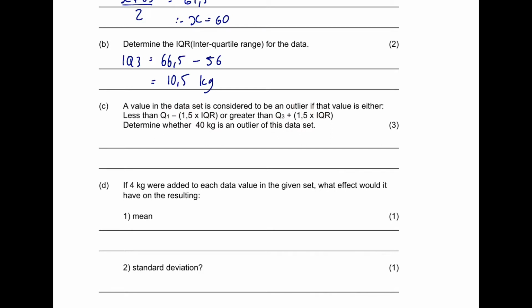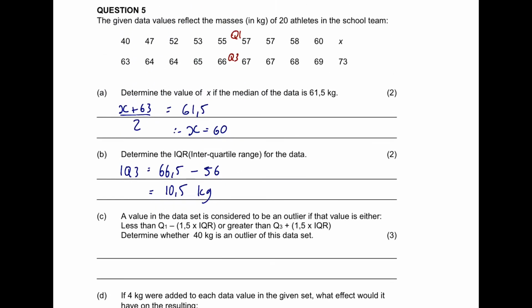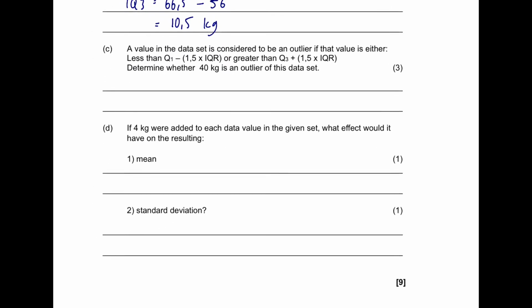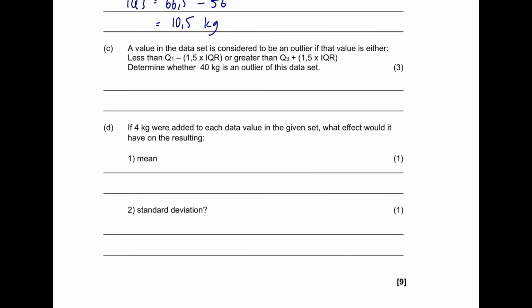All right, so let's calculate that. And they're asking us to say that quartile 1, which we've already worked out in the question above, is 56. So using this formula, we're going to say 56 minus 1.5 times the interquartile range, and that gives us 40.25.